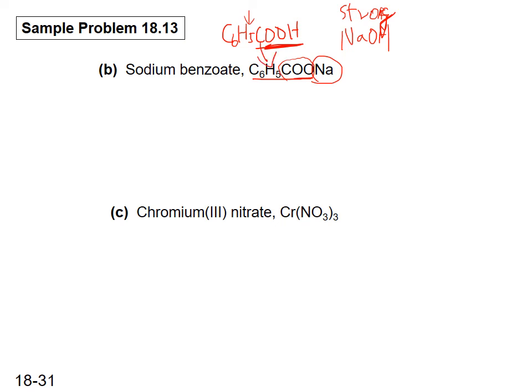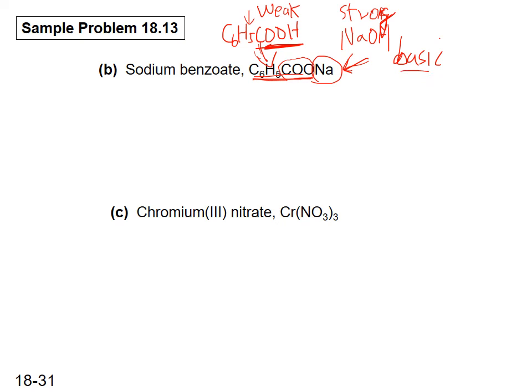It forms the benzoate anion. So the anion comes from a weak acid. As we showed before, the rule says the stronger side wins. So this is a strong base and a weak acid. The solution should be basic, because the base is strong and the acid is weak. So the solution is basic.